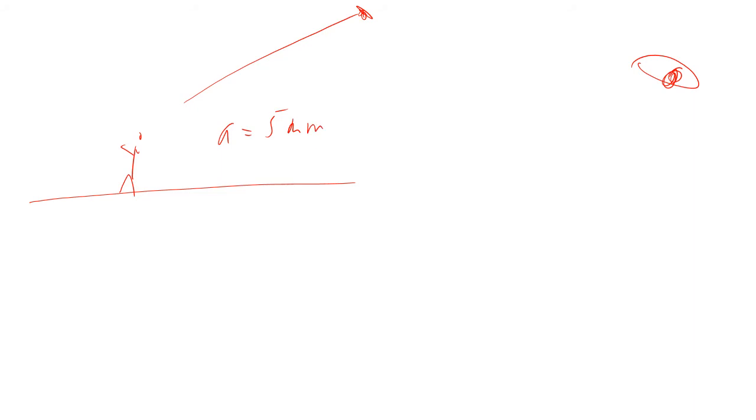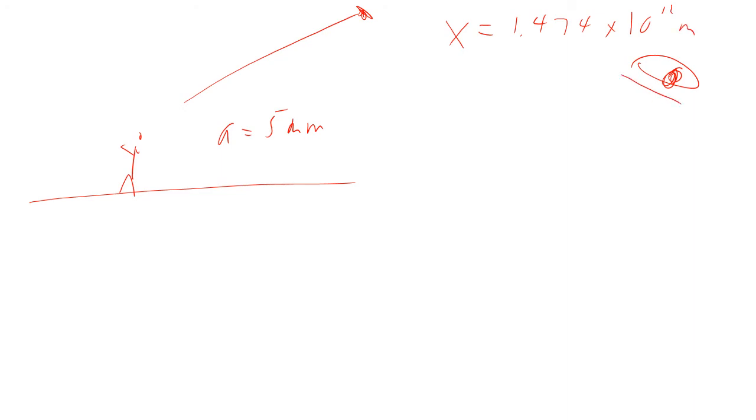So what would that mean? Well, if you look at Saturn right now, the distance to Saturn, x, is going to be 1.474 times 10 to the 12 meters.